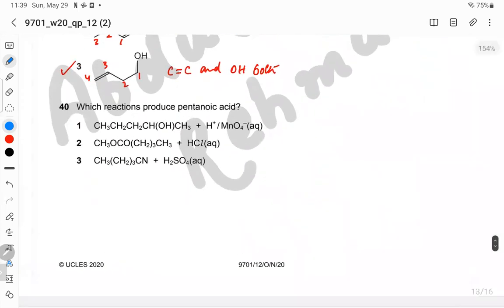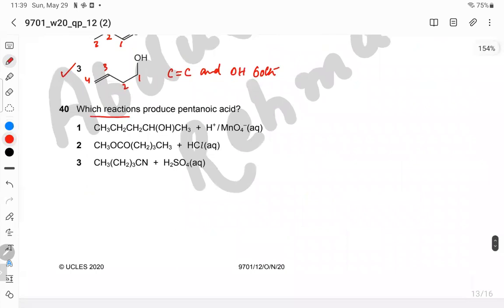Now, question number 40. Which reaction produces pentanoic acid? To produce a pentanoic acid, the molecule must have 5 carbon atoms. Okay, that is the first thing. So if we look over here, 1, 2, 3, 4, 5. There are 5 carbon atoms, but if we talk about this molecule, this is a secondary alcohol, right?